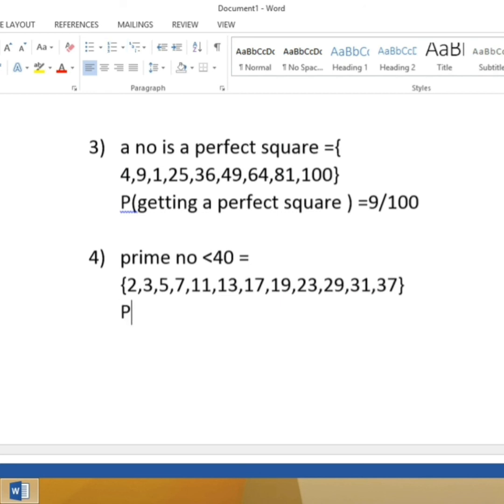So the probability of getting a prime number less than 40 is equal to 12 by 100. Further simplifying, we get 3 by 25.